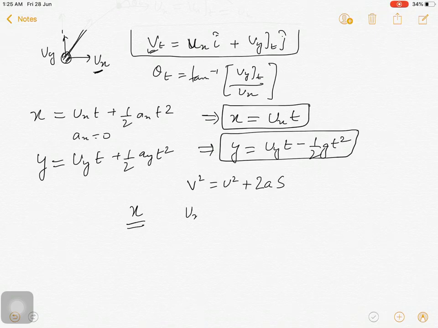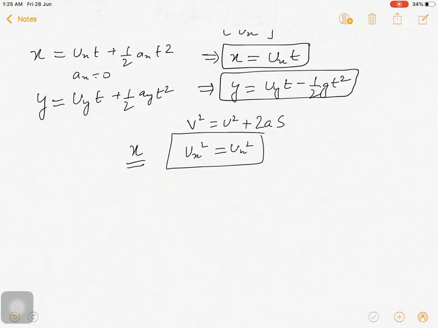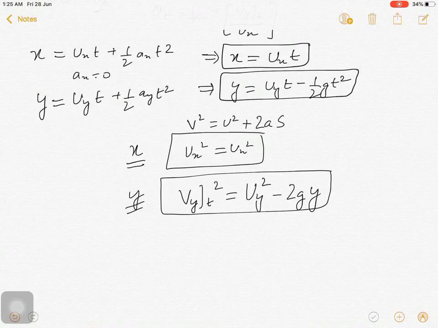So vx square is equal to ux square, and a is equal to 0. In y direction, the third equation of motion is nothing but vyt square is equal to uy square minus 2g into y, where y is the displacement in y direction.